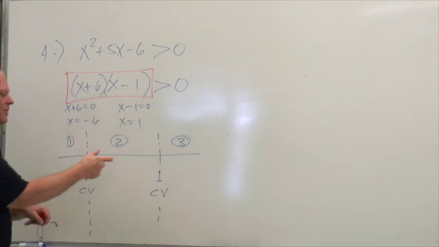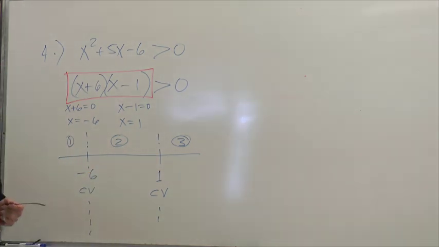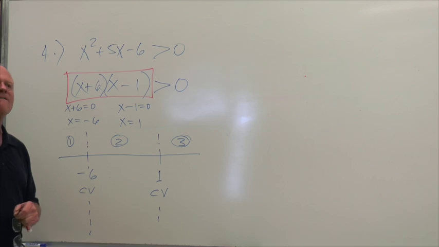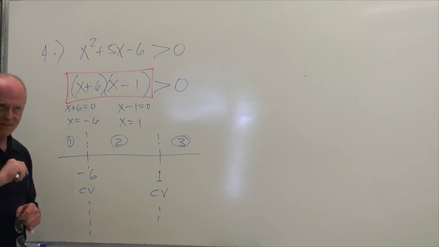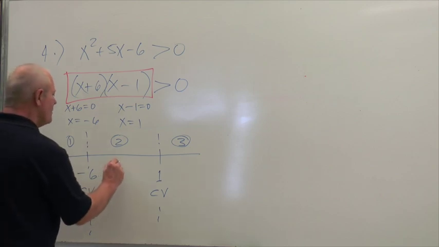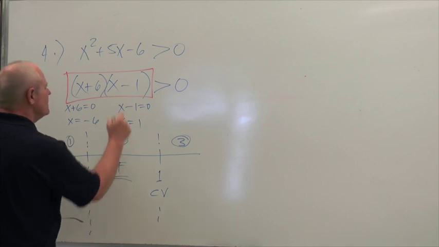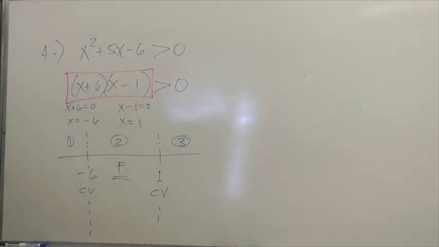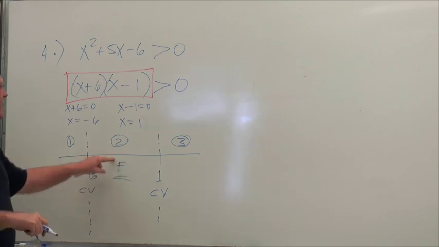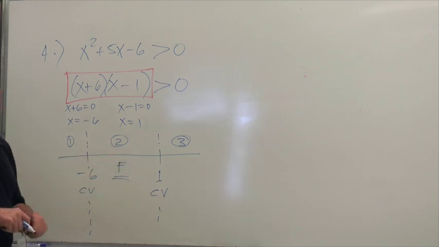Is a negative number greater than 0? No. So what's true about this middle region, region 2? It's all going to be what? False. Right? It does not produce a true statement. They're all going to produce what? Negative numbers. Make sense? Well, not 0. They'd be false. Negative in here, 0 at the critical values.